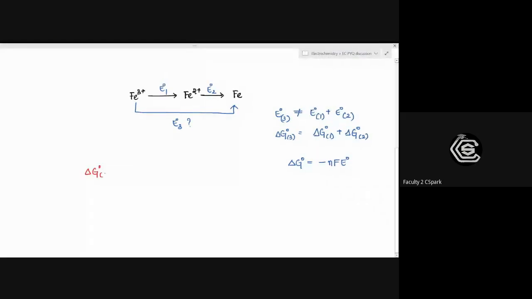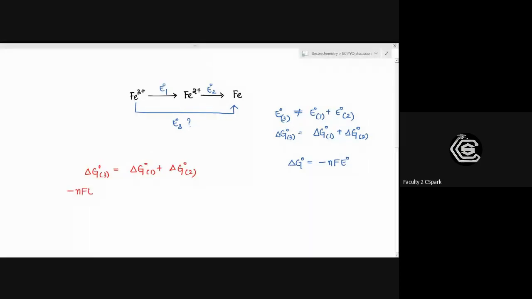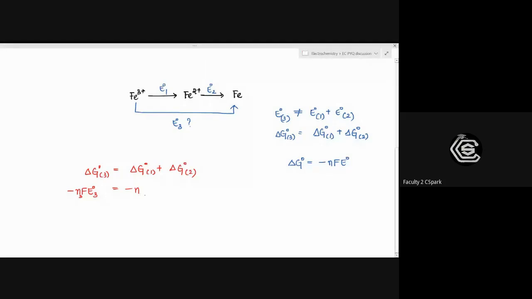Delta G naught 3 is equal to delta G naught 1 plus delta G naught 2. Now we'll put this equation here. Minus n3 F E naught 3, where n3 is the number of electrons involved, is equal to minus n1 F E naught 1 minus n2 F E naught 2.